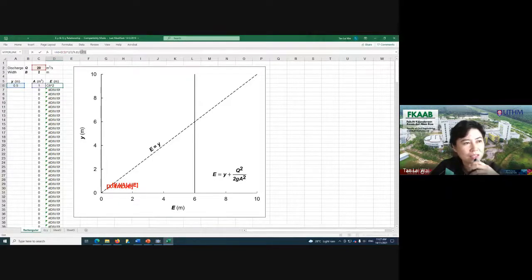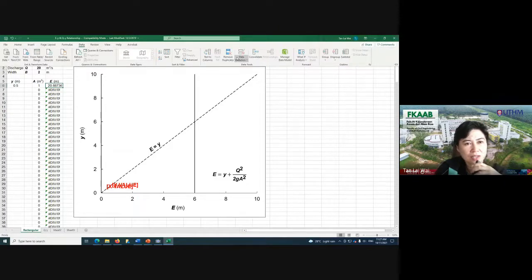This is my A, which is, say, 6. I didn't lock A because as Y changes, my A changes as well. So it'll follow the different rows. So this is actually my specific energy, which I have calculated to be 20.887, or 20.89.